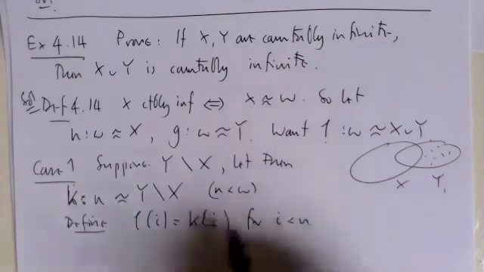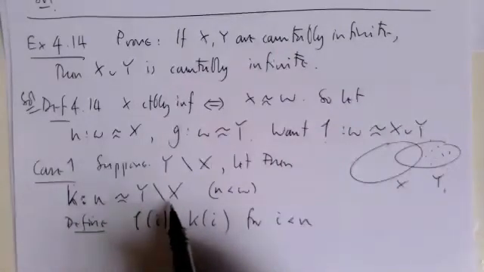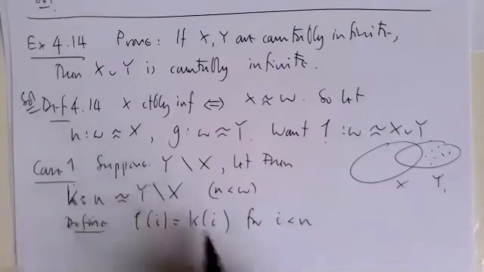And then what has that done? That's enumerated some stuff in Y here. And then the rest of X union Y is all in X. So we just use H for the rest of it, right?